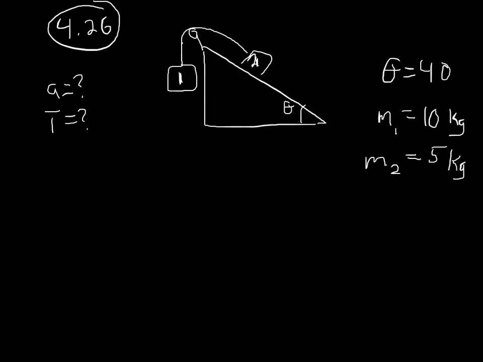There's a couple key points for these kinds of problems, when you have two different boxes, a box sitting on the incline and a box hanging off the other side. You fiddle with your coordinate system a little bit. The x direction follows the incline, and then when you get over the incline, it's going to be up and down.